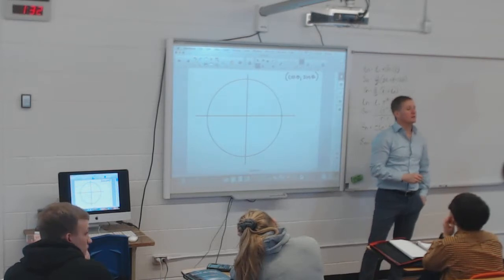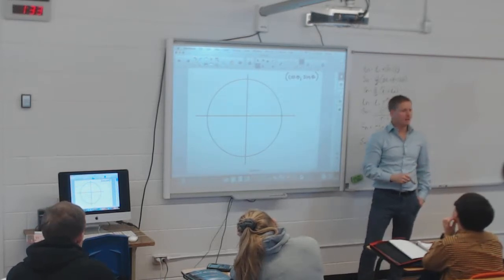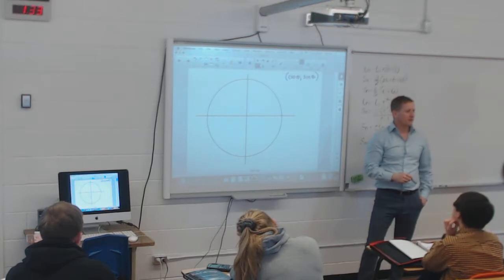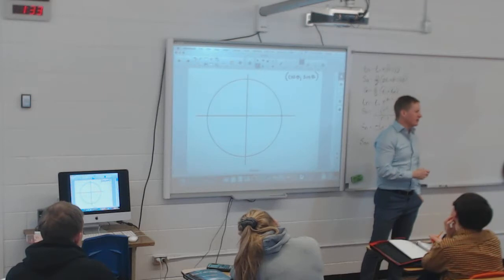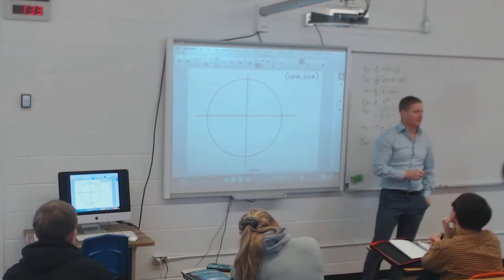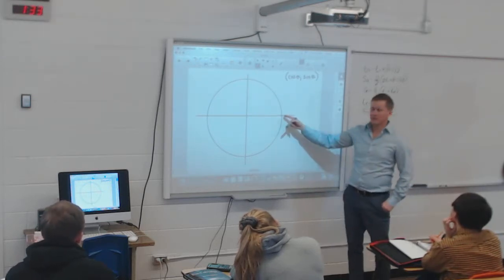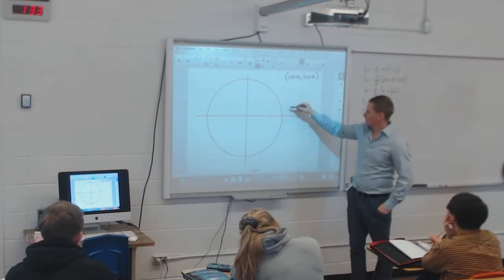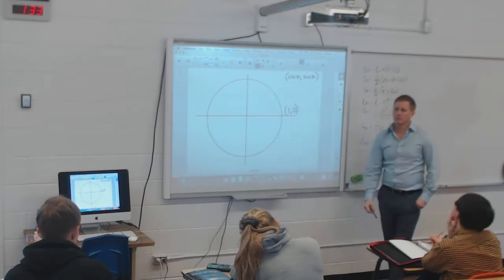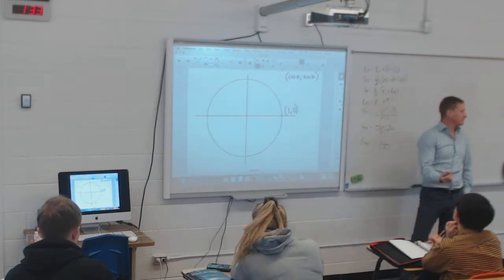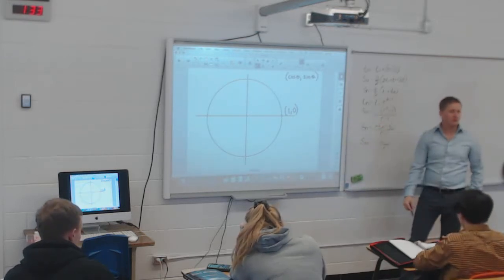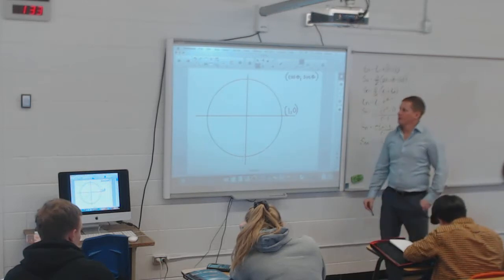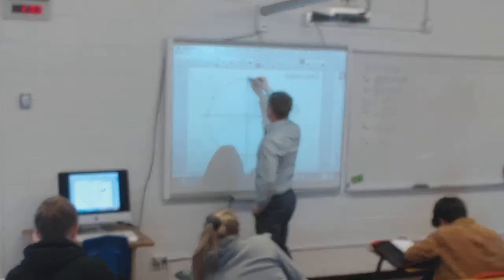Not bad. 0 and 0? No. What's the radius of this circle again? 1. So what's the distance to right here? 1, and how about 0? It's on the axis. So that coordinate is 1 and 0. Write that down. So what would this guy be?